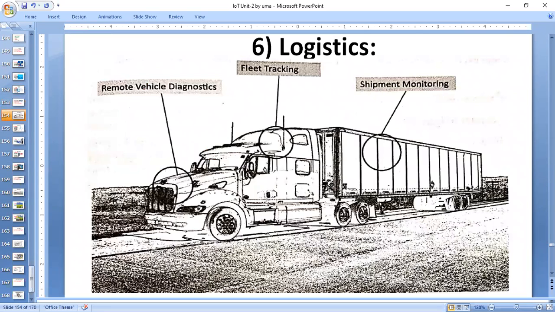In transportation, if you see here, this vehicle has remote vehicle diagnosis, fleet tracking, and shipment monitoring. This is some information regarding all these things.